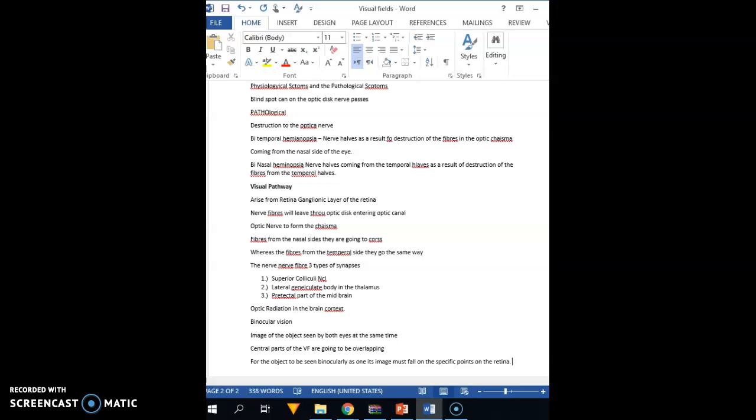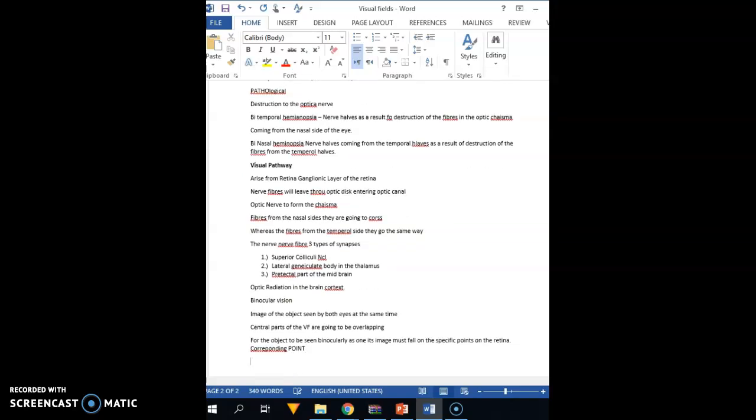These are known as the corresponding points. If they do not fall on these corresponding points, it is known as diplopia.